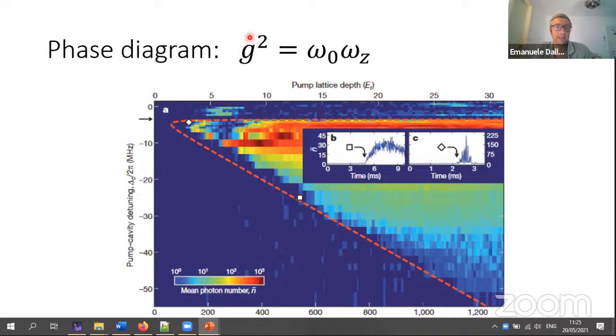So you see that for a fixed value of G, let's say if there is a fixed value of G, then when omega Z, yes.